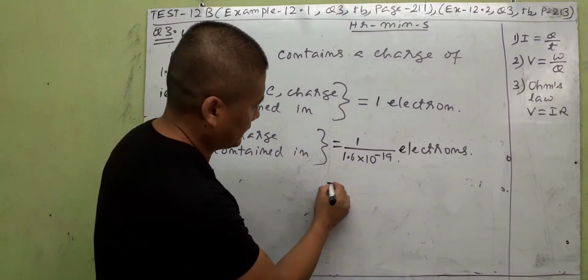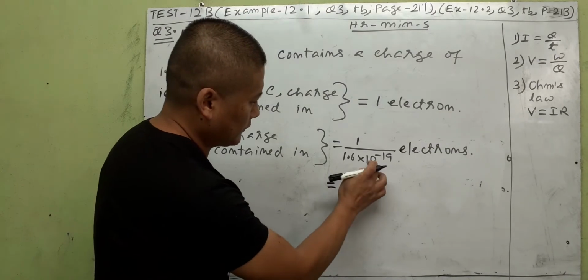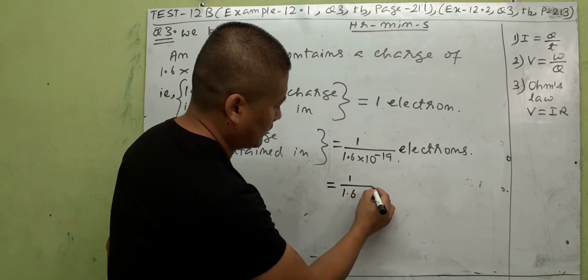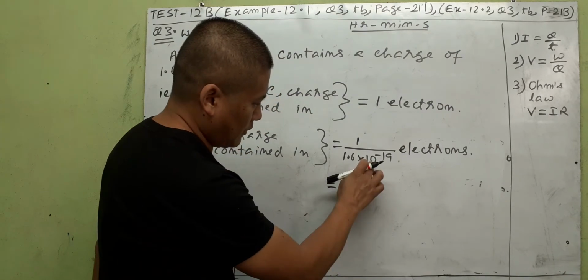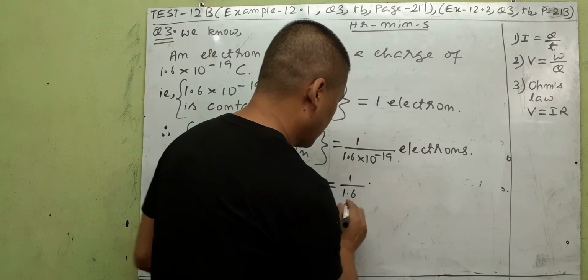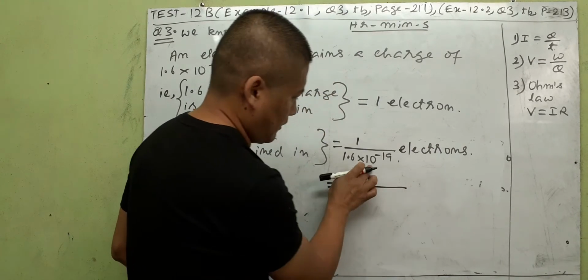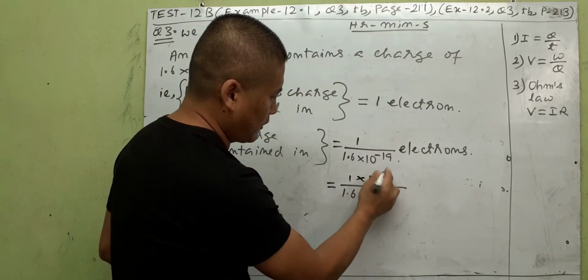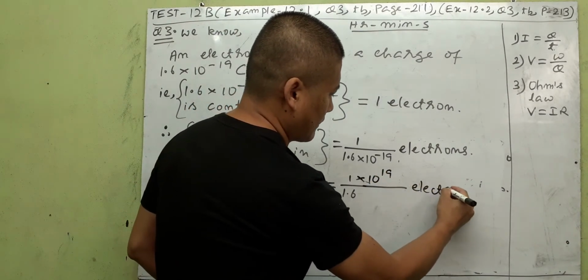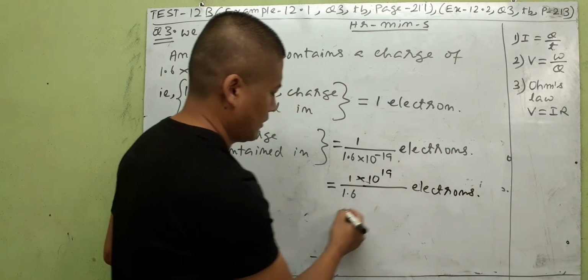Let us simplify it. Now if you shift this denominator to the numerator, then the power minus 19 will become plus 19 electrons.